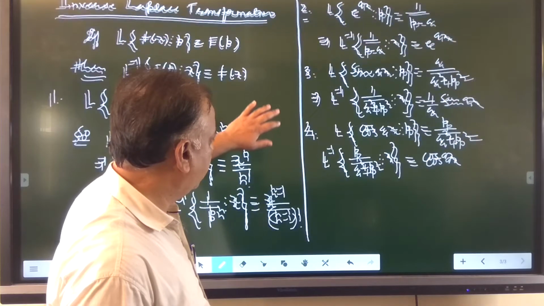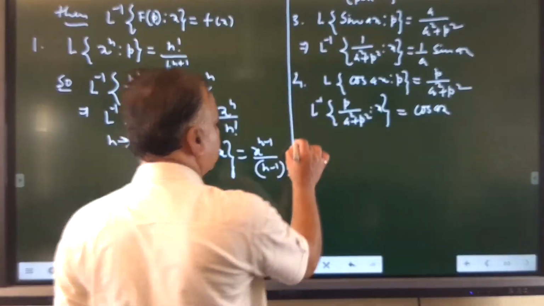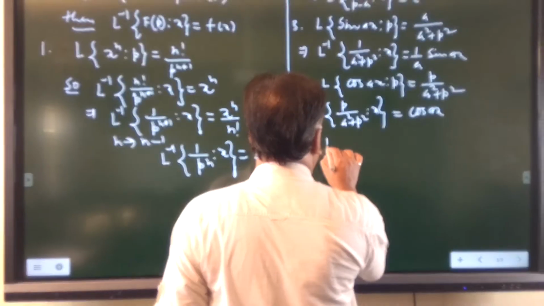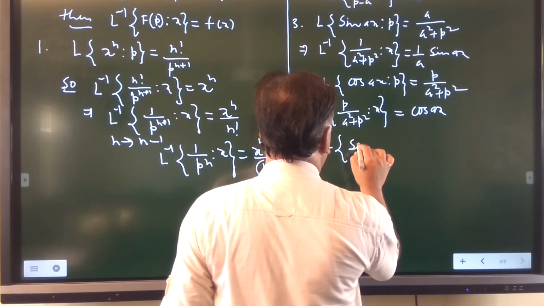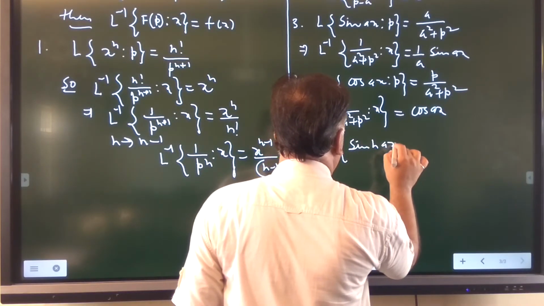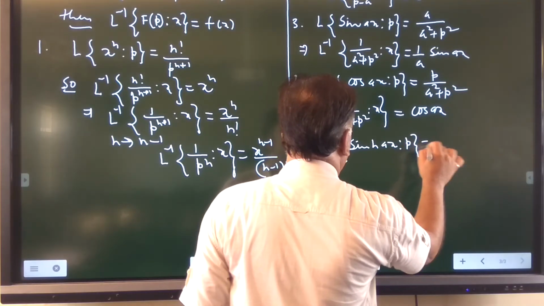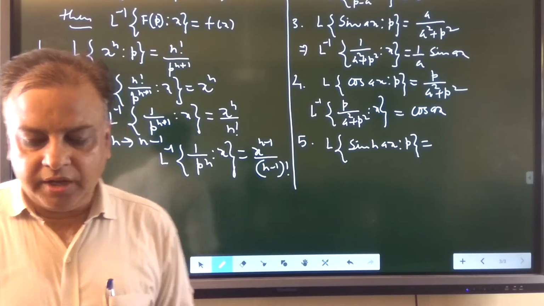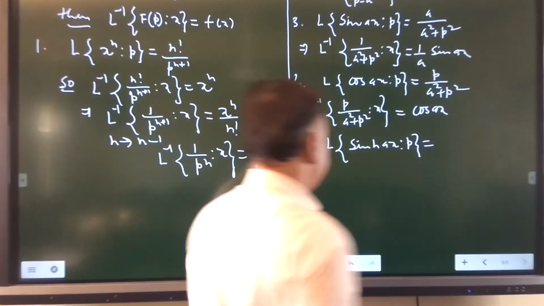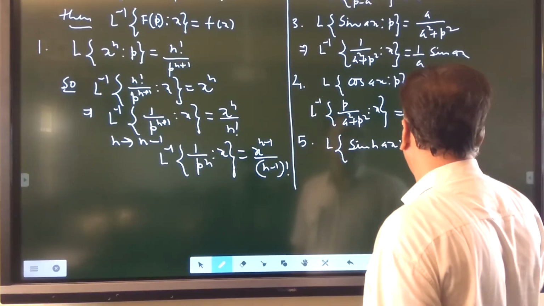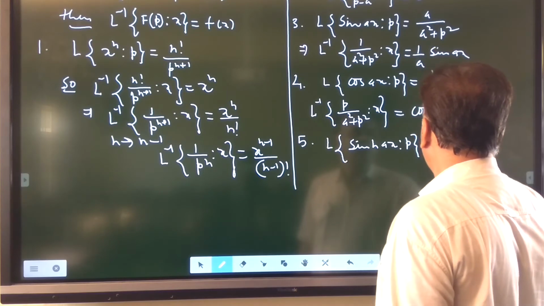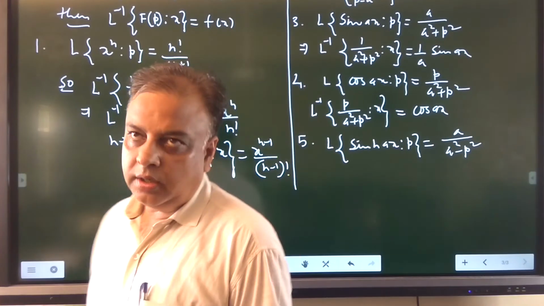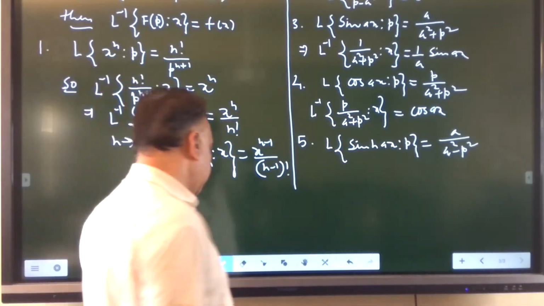Similarly, for the hyperbolic functions, we know that the Laplace transformation of hyperbolic sine ax is a upon p square minus a square.